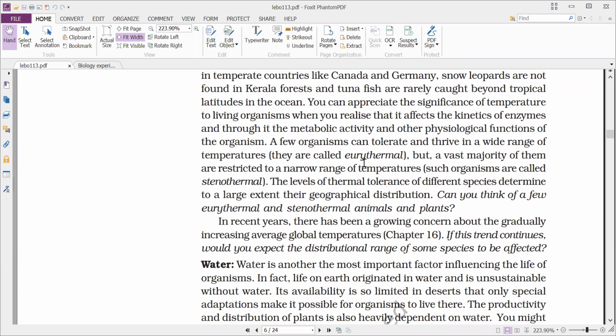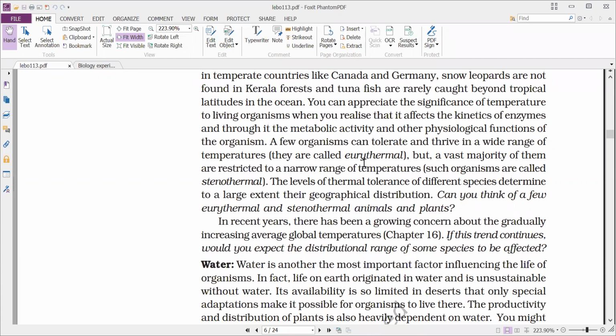That's what we can see here. A few organisms can tolerate and thrive in a wide range of temperatures. They are called eurythermal. Those organisms which can tolerate a wide range of temperature, that means even if the temperature changes are more, or there is a large difference between maximum and minimum temperature in that area, even in that area, they are able to survive.